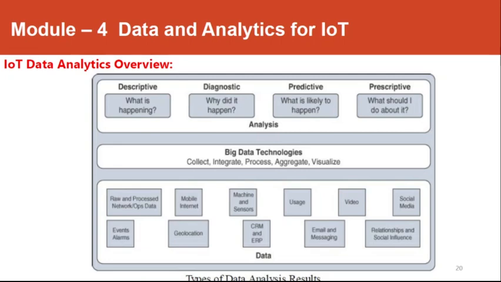So the data may be these data. Then we apply some big data technologies for collecting, integrating, processing, aggregating and visualizing. Then the data analysis can result in four types of analysis, that is descriptive, diagnostic, predictive and prescriptive.